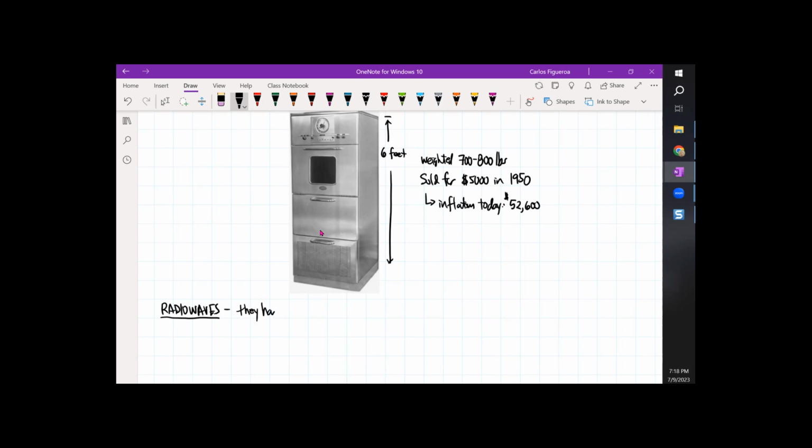They have the longest wavelengths in the electromagnetic spectrum. And their range is huge.